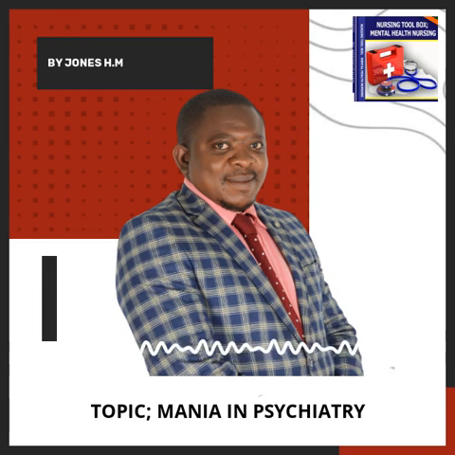Then bipolar 1, we said this is a type of mania in which the patient has had at least one episode of mania, and patients tend to have hypermania. Of course, the condition starts from hypomania to hypermania. Then bipolar 2, the patient has not had an episode of mania, so they tend to have hypomania.